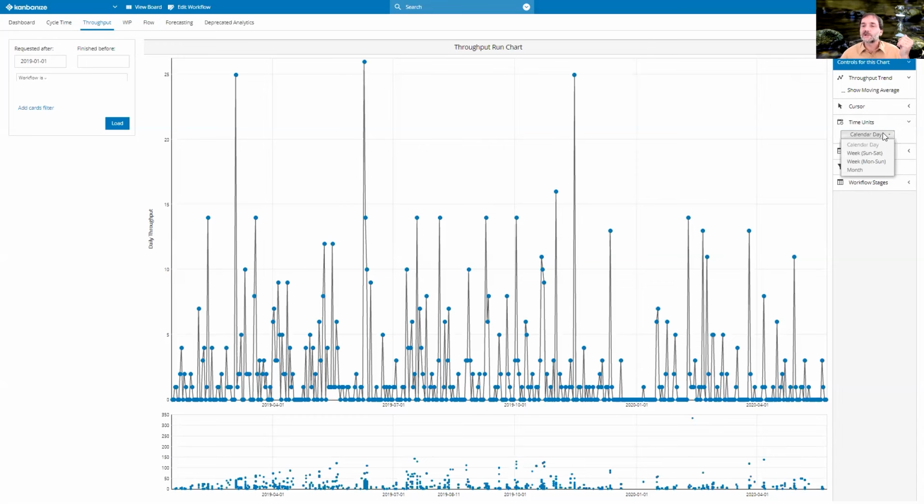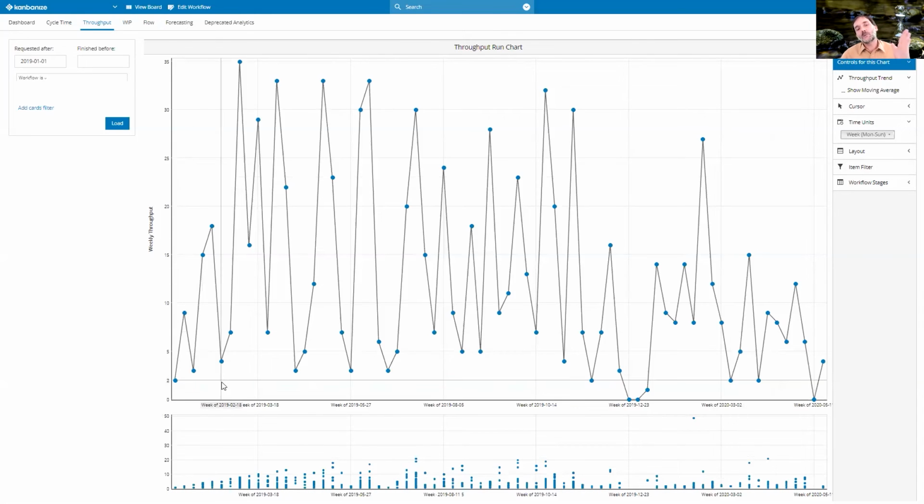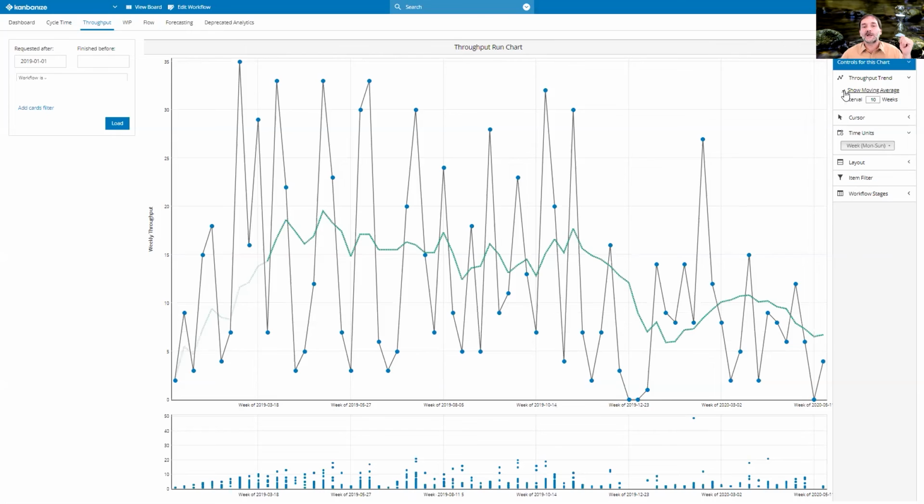And if we want to look at it a bit closer, we can, for example, also look at it by week. And now we can clearly again see those weekly deployment cycles, sometimes 2, sometimes 3 weeks in between. And if we're looking at a throughput trend, we can see it was generally about 15 a week. But this year, it is suddenly lower.